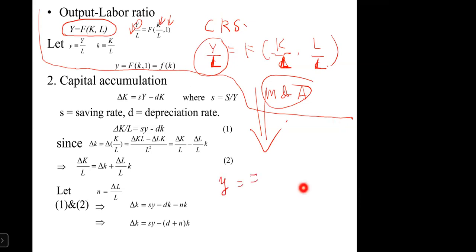This is equal to F, so K over L is per capita. Now let's use k, per capita capital. Now L divided by L is a constant 1. So then we can simply write this as y equal to F of k. Now, very nice property. So now everything is in per capita terms, right, as shown here.